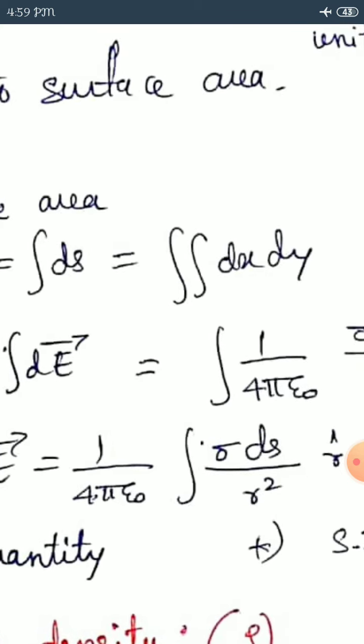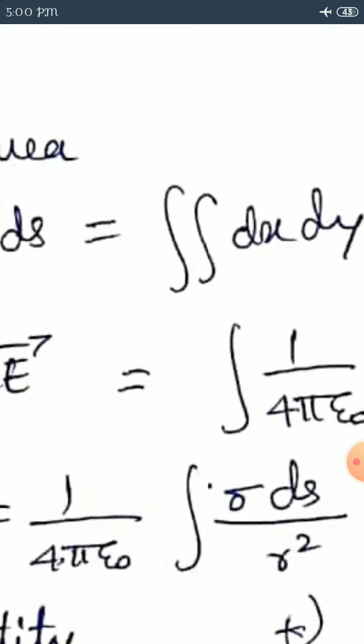Now ds shall be treated as dx into dy, with a double integral. Why do we study the double integral here? You will come to know this in the integration part in mathematics. But for the present case, on integrating over two variables, we get the complete solution, so we use the double integral sign.